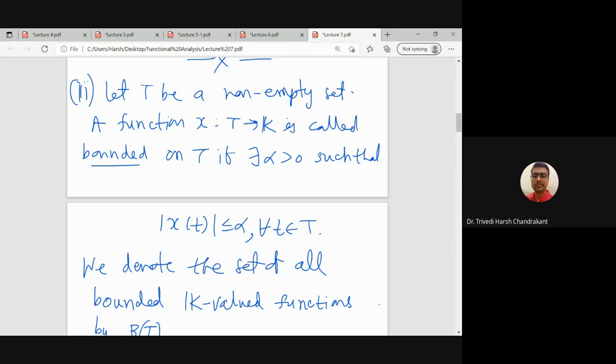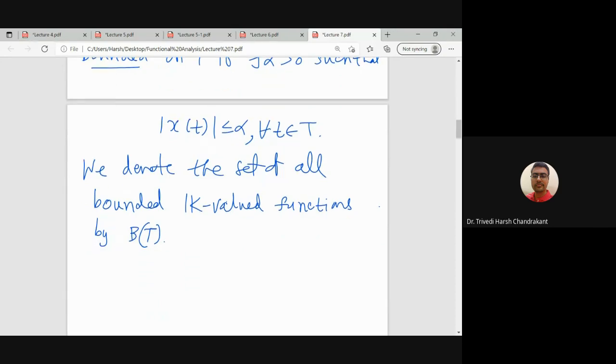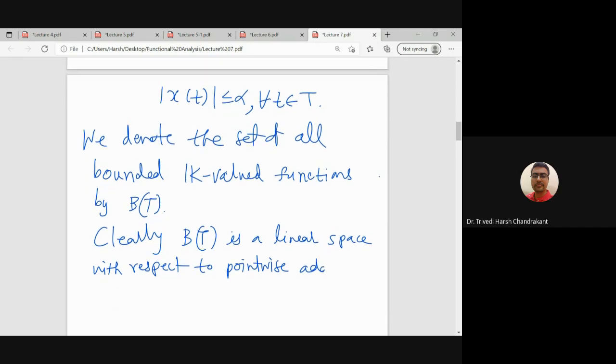So we can easily check that the set of all bounded functions is a vector space. Clearly, B(T) is a linear space with respect to pointwise addition and scalar multiplication.